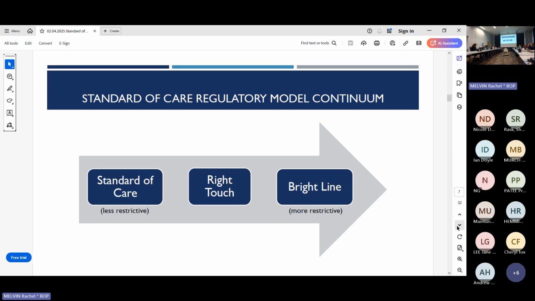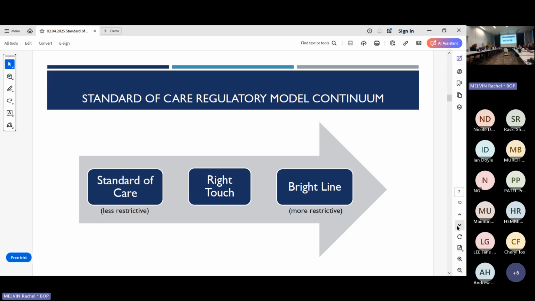So key points about the shift. It favors flexibility over rigidity. A standard of care model moves away again from bright line regulations, which often create barriers to optimal care by being inflexible and not accounting for unique situations. The standard of care model also values professional judgment.